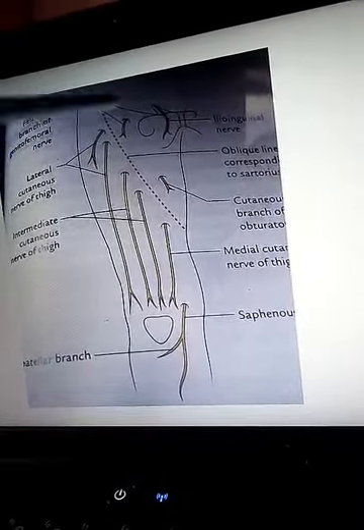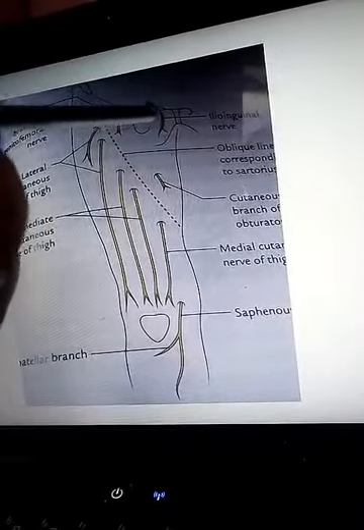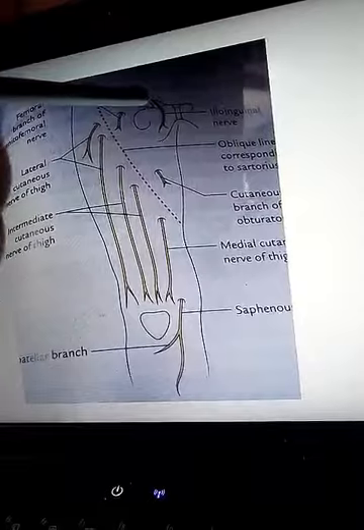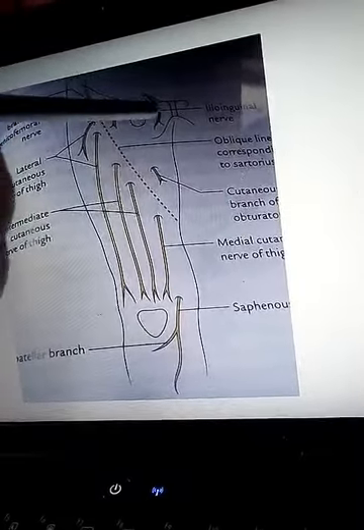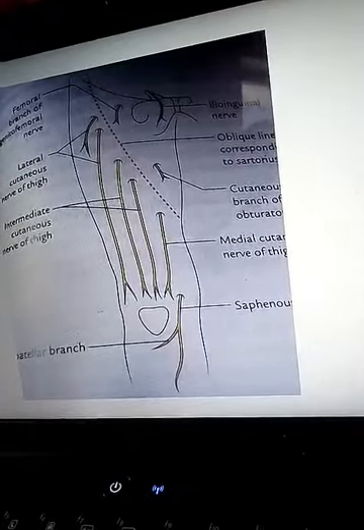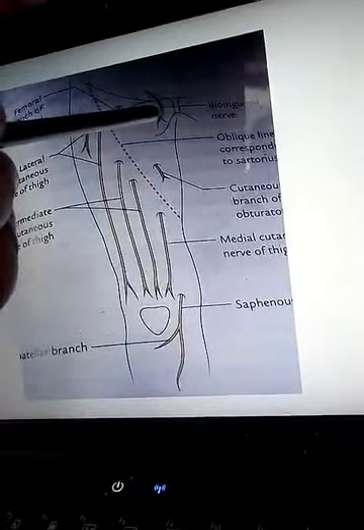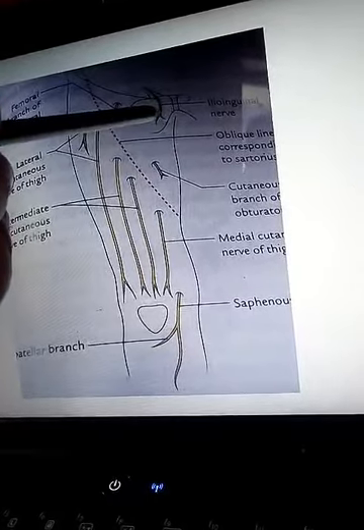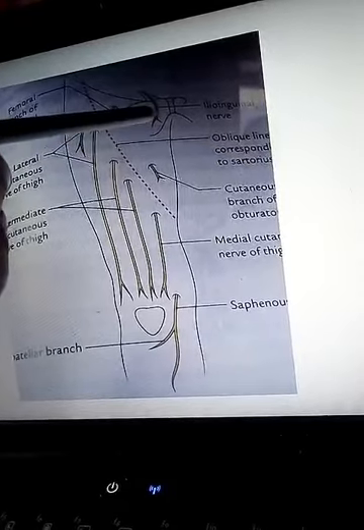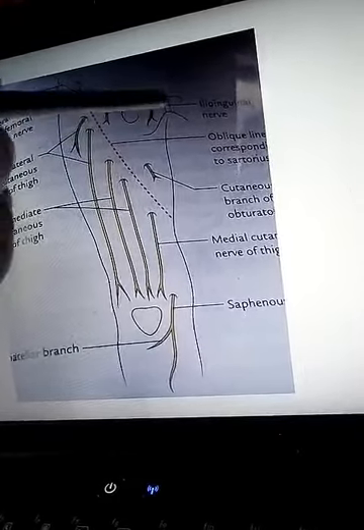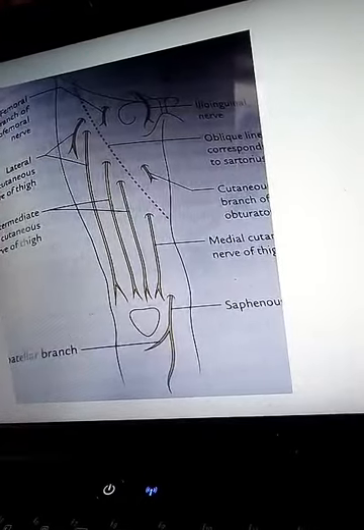Now this ilioinguinal nerve is a collateral branch of the iliohypogastric nerve. It emerges from the superficial inguinal ring and supplies the skin at the root of penis and anterior 1/3 of scrotum in males and mons pubis and anterior 1/3 of labium majus in female, and skin of the upper medial aspect of thigh.